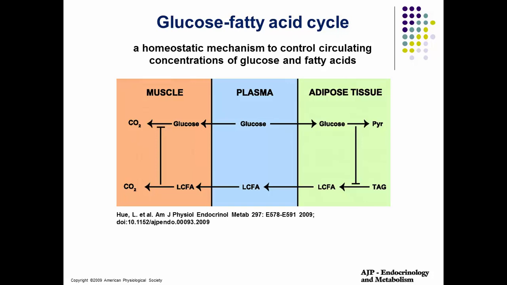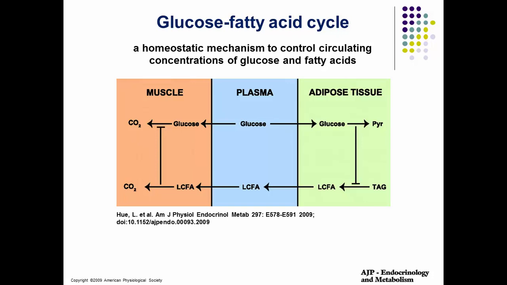Adipose tissue is a major source of fatty acids, released during starvation. And muscle is a major tissue that utilizes fatty acids during starvation. So they put these two tissues together to see how the utilization is switched during feeding and fasting conditions, right?